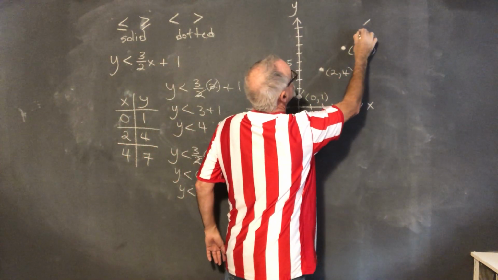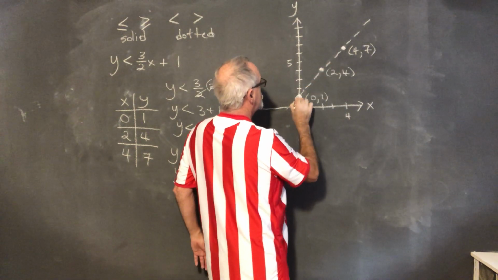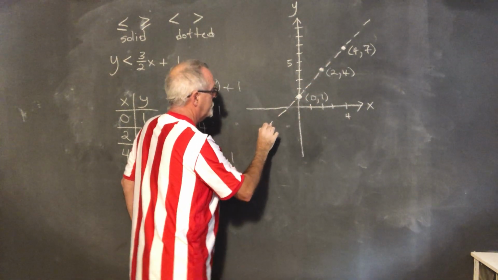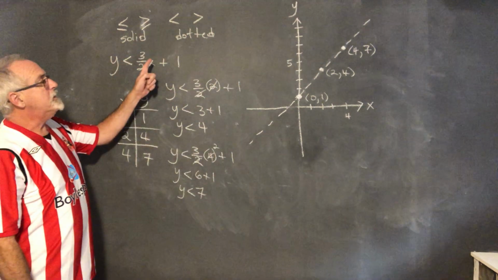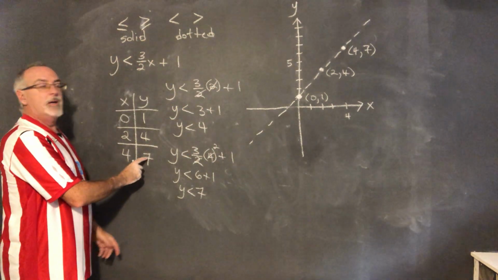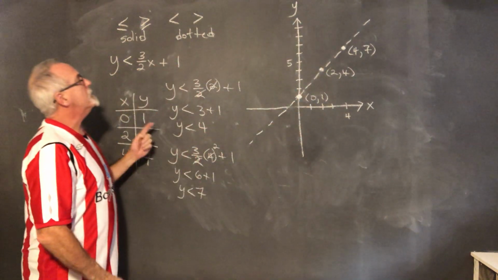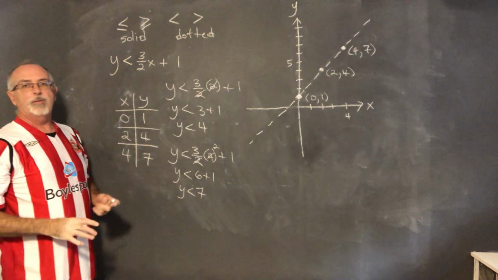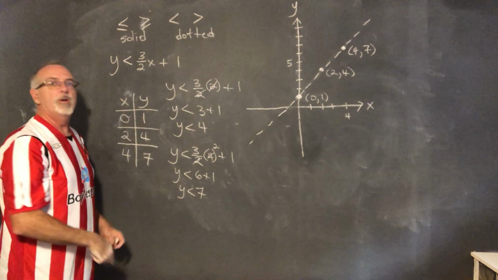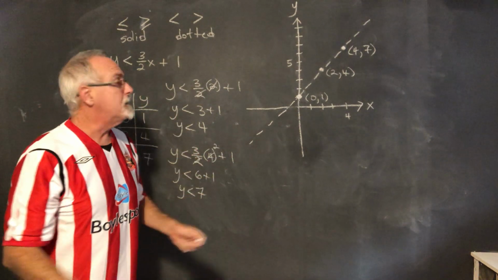So I'm drawing the line in the same place as the first one I tried to draw, but I need it to be a dotted line. Why? Because these points are not part of the answer. The points on the line are not part of the answer because we don't have the or equal to. And we're going to have to practice that a bit more because this is the first example and I've already run out of time for this lesson.